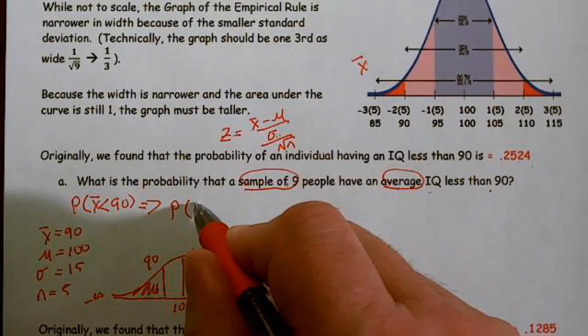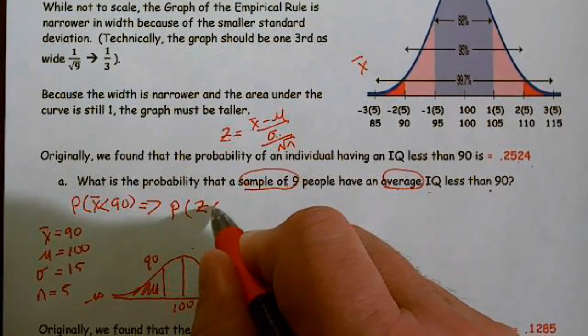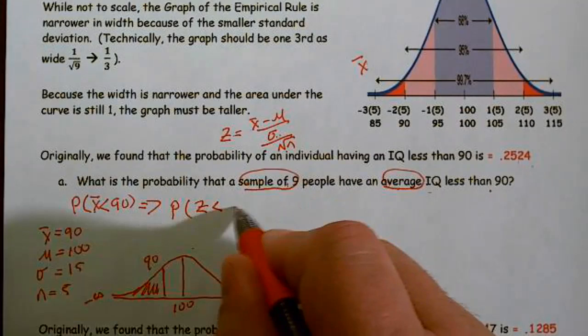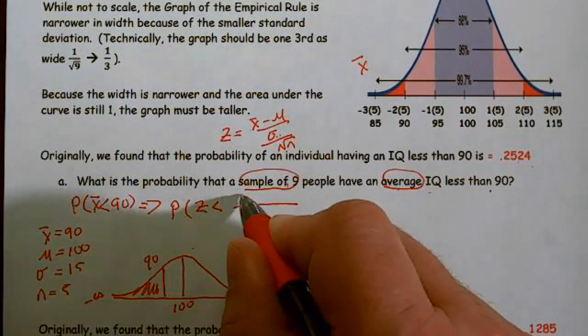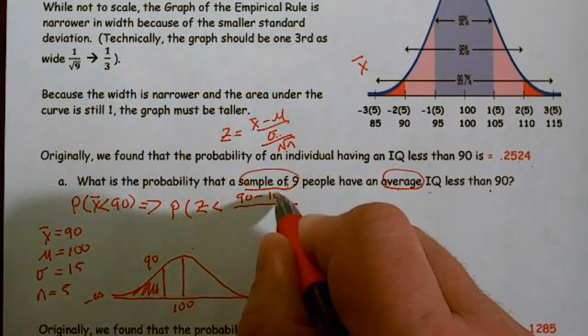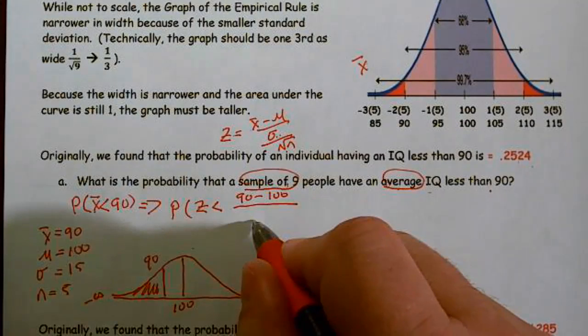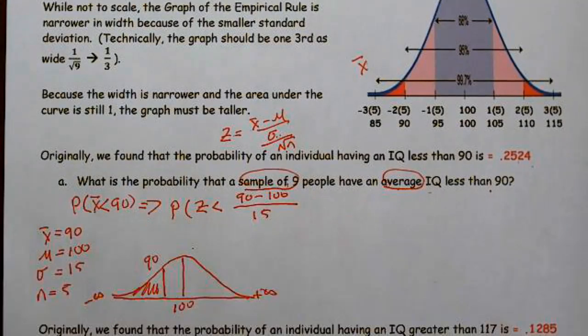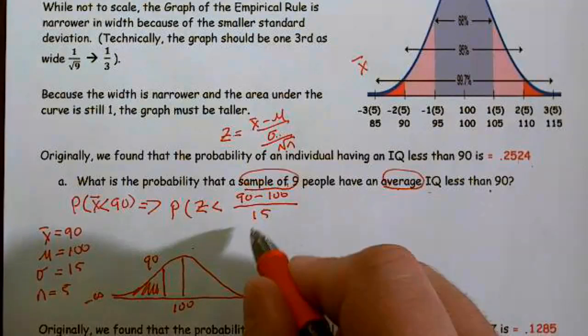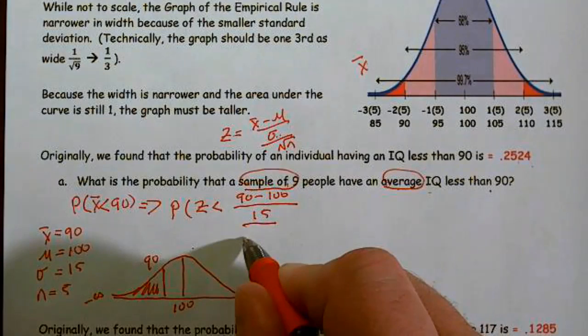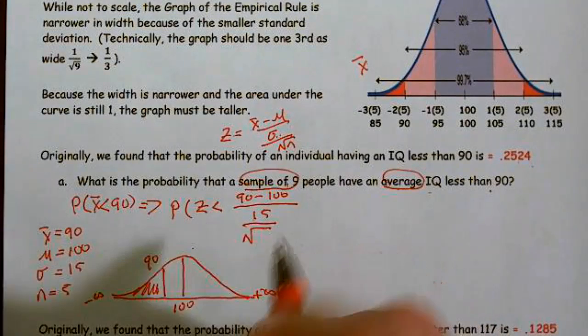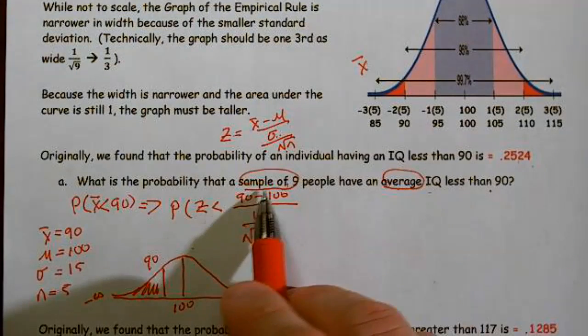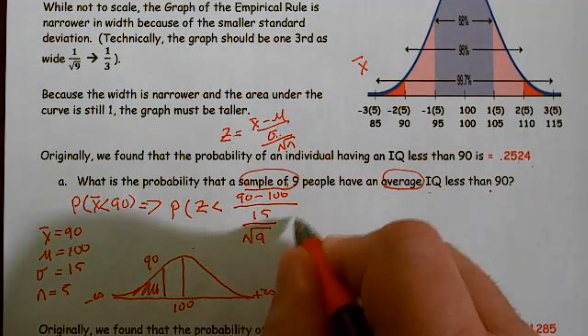So the probability that Z is less than 90 minus 100 over 15. So far, everything's exactly the same as what we wrote before on page 1, except now I'm going to be using divided by the square root of n, which we said our sample was a size 9.